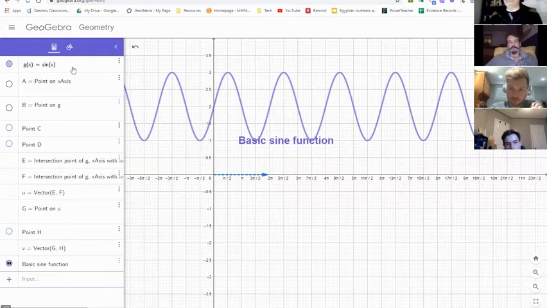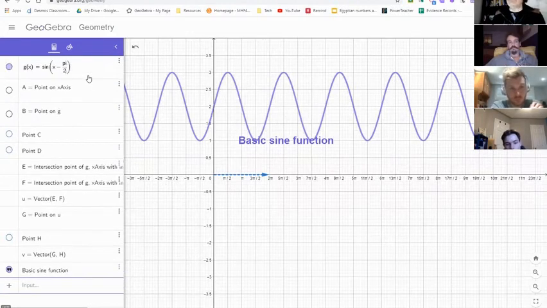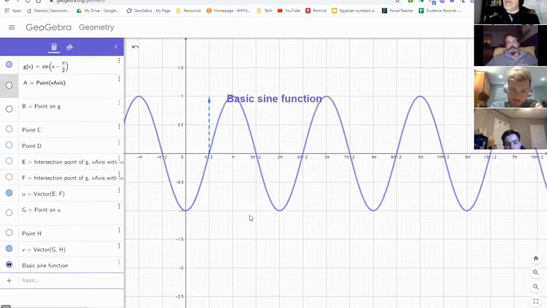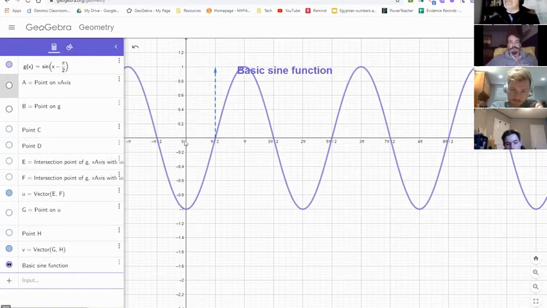What happens if I put something inside the bracket here? What if I go something like negative, and I'm going to go pi, because this is in radians. Let's see if it works. Pi over 2. I don't know if it will work. It did. GeoGebra is amazing. So take a look here. Do you notice what happened? This was the starting point before. I'm going to make it a bit bigger. Now it shifted.